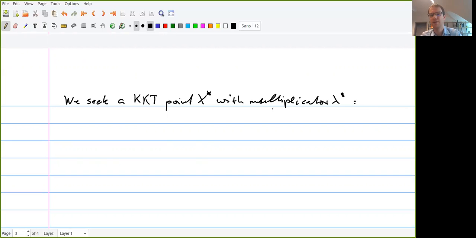So what do we have here? With two conditions. So first, we want to take the derivative of the Lagrange function with respect to x, and if I plug the Karush-Kuhn-Tucker point in it, it has to be 0, right?